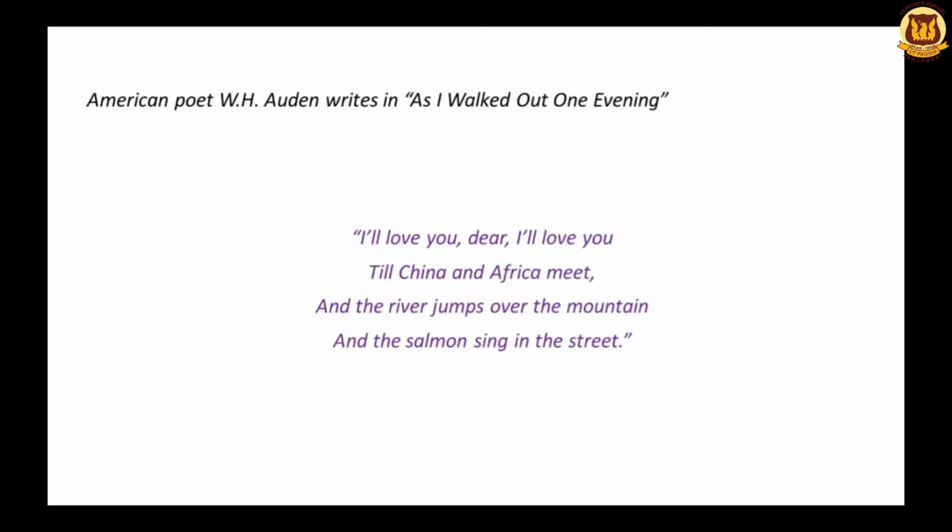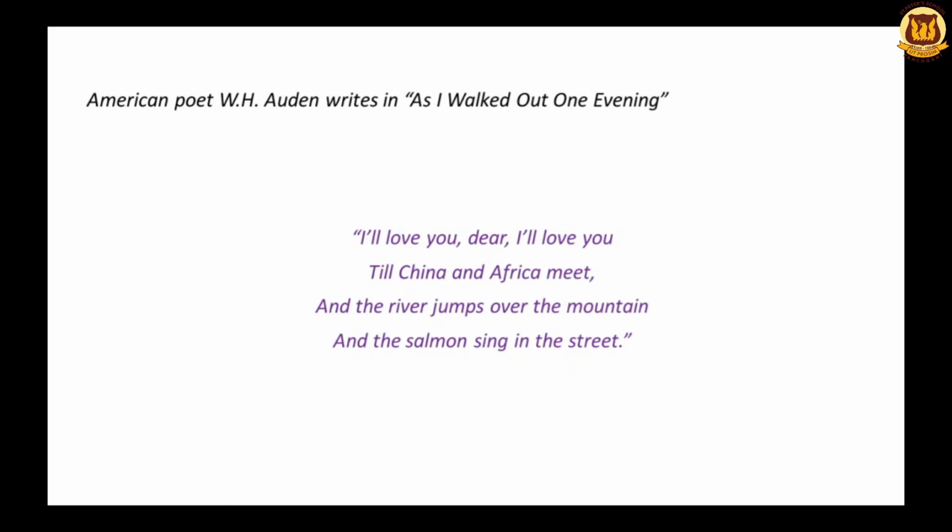Let's look at a figure of speech from our literature. The American poet W.H. Auden writes in As I Walked Out One Evening, "I love you, dear, I love you, till China and Africa meet, and the river jumps over the mountain, and the salmon sing in the street." When will China and Africa meet?